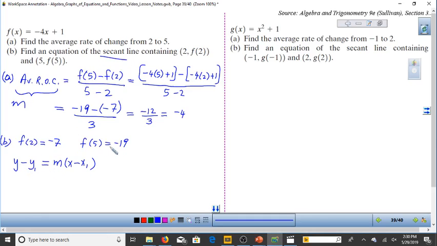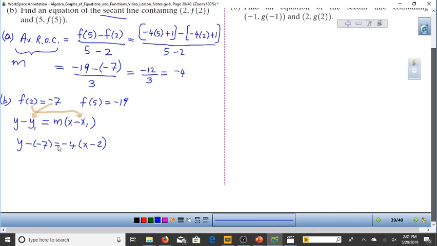So I choose a point. Let's say we choose the point 2, -7. So that means my x1 will be 2 and my y1 will be -7. So I do y minus -7 equals the slope, which is -4, times x minus 2.